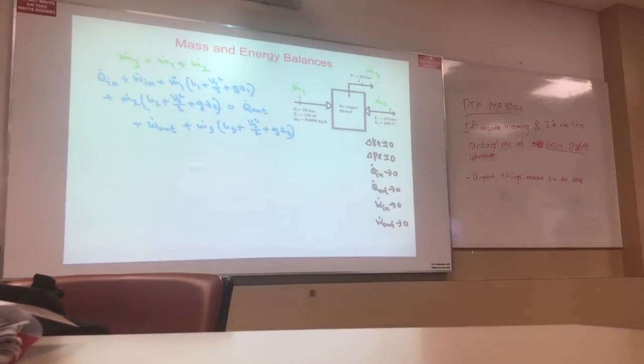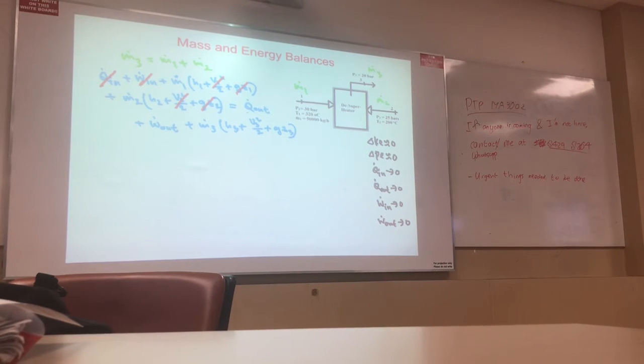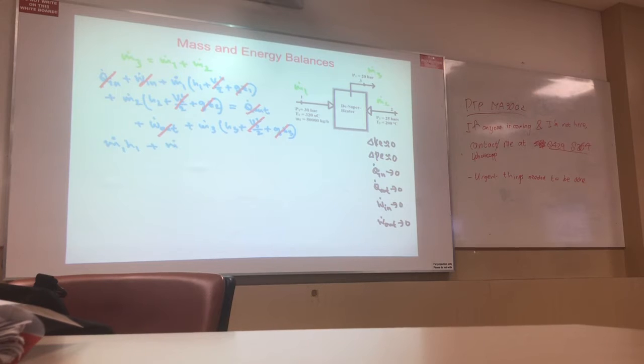You have to understand this, otherwise you cannot solve the question. Then I can say this is 0, this is 0. Then I can write m dot 1 h1 plus m dot 2 h2 is equivalent to m dot 3 h3.